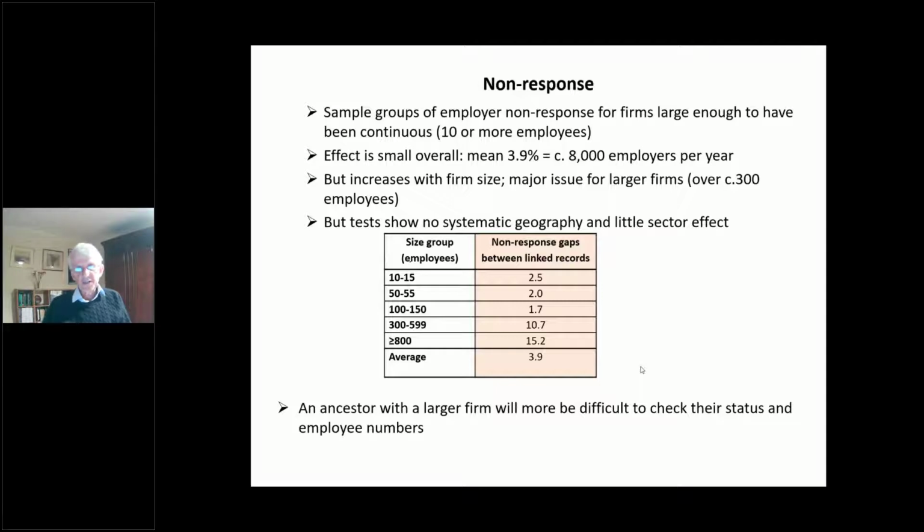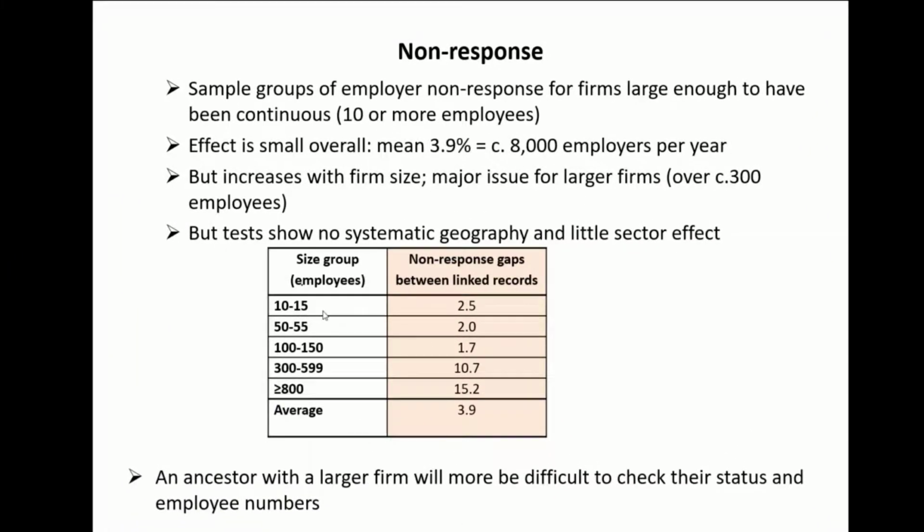And the simple answer to all of this is that if you do this in size groups, the table here shows you the non-response rates for different size groups. So these are, first of all, 10 to 15 employee firms, then 15 to 55 employee firms, and at the bottom, those which are 800 and over.